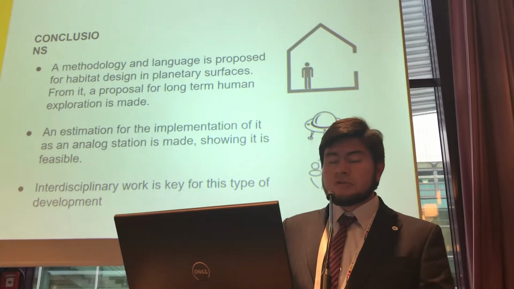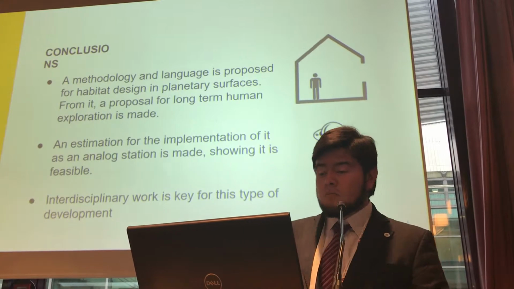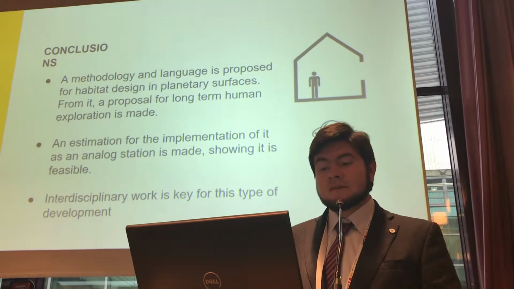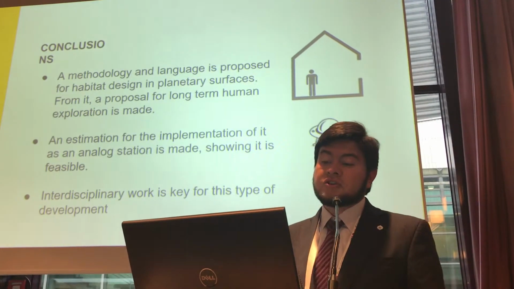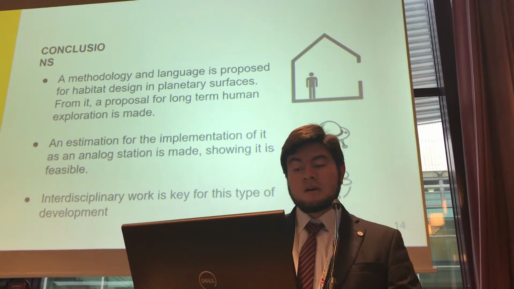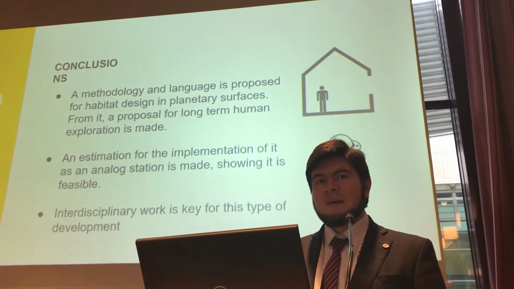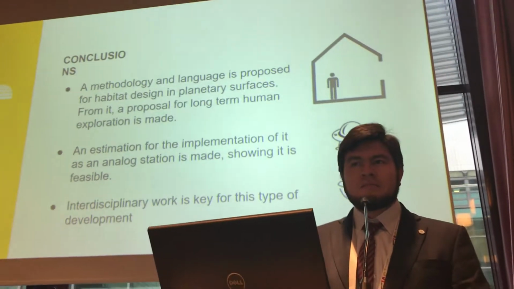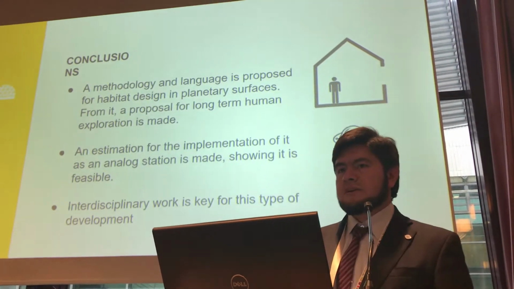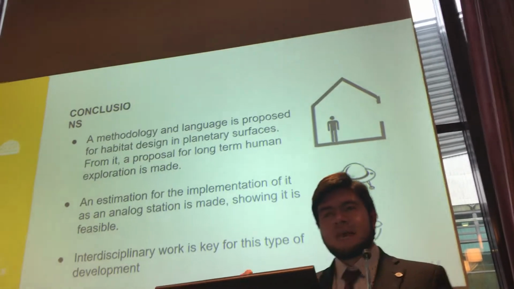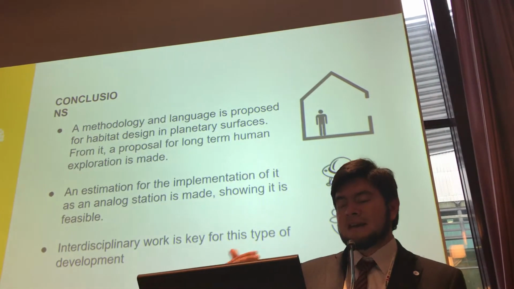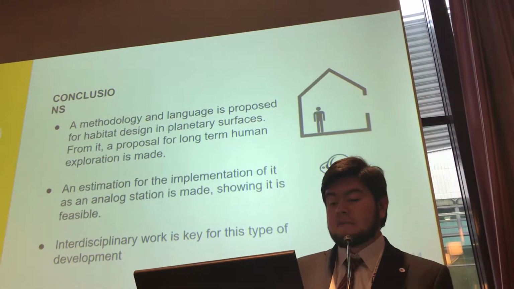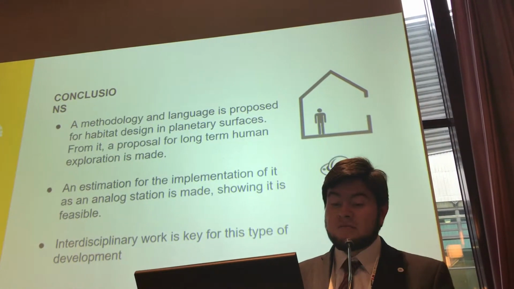As a conclusion, I'd like to say that one of the most important things that came from this is that a methodology and a language were proposed. Maybe the habitat proposal was not the best habitat, but it was a first iteration, and it came from a methodology and an architectural language that can be implemented further.